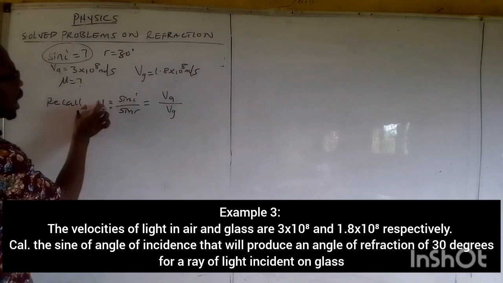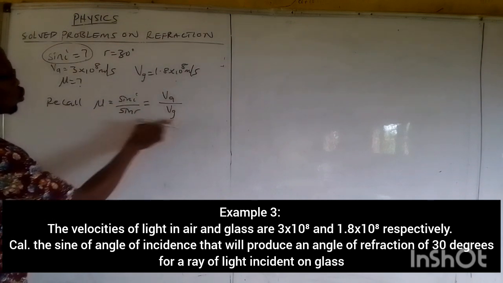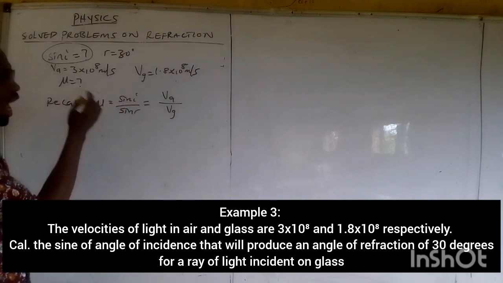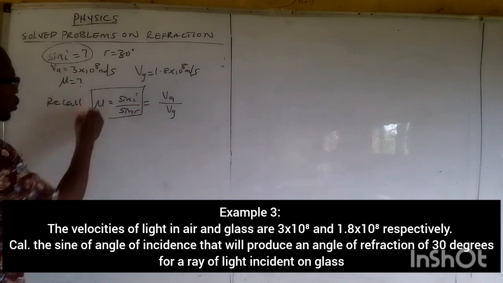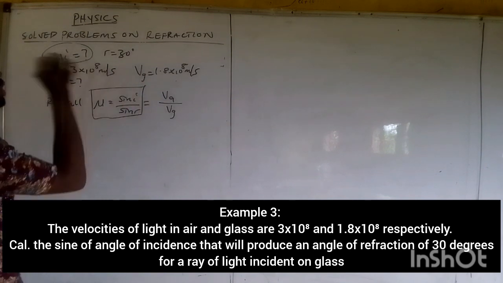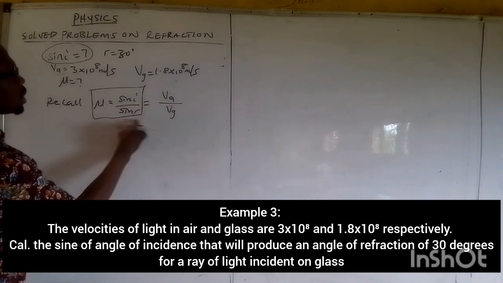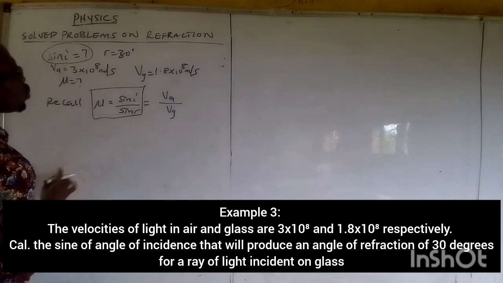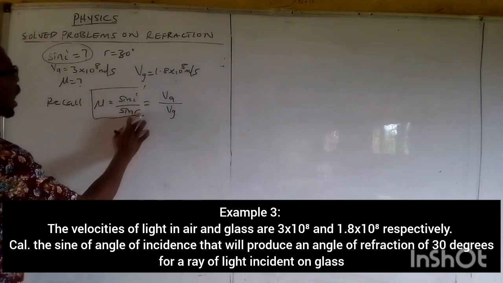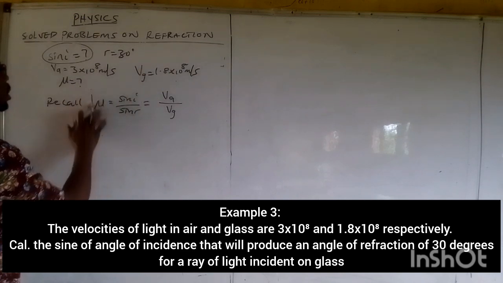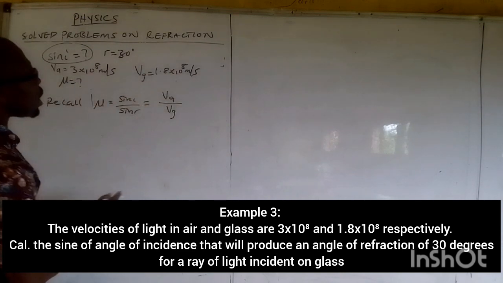So it's either we use these two to get the refractive index and come back to substitute into this equation to get our sine I, or we equate these two. If we equate these two, we have sine I over sine R is equal to VA all over VG.